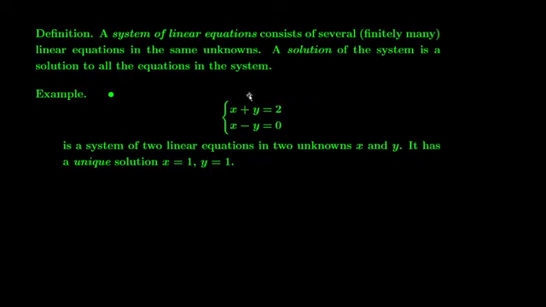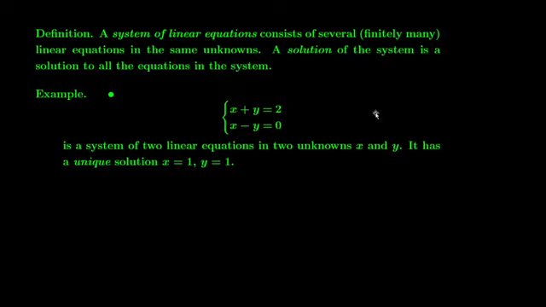If you put the two equations together, you treat the whole thing as a whole. We call the whole thing a system of linear equations, a system of two linear equations in two unknowns. The two unknowns are x and y.